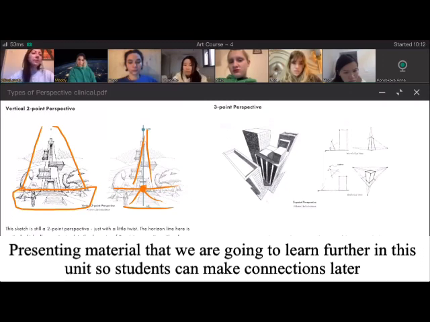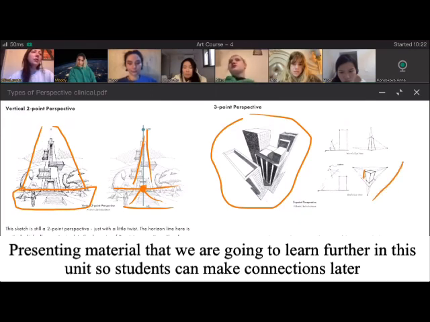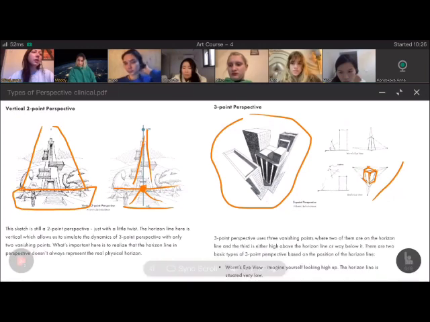As you can see over here on the right, we have 3 points of vanishing, and on the drawing over here there is a cube that is also vanishing into 3 points. This is important for people who do the different type of architecture, engineering.